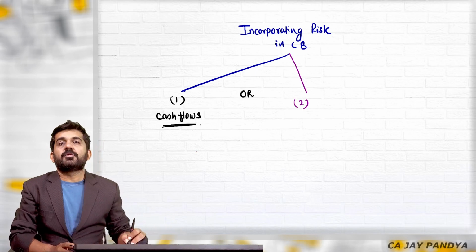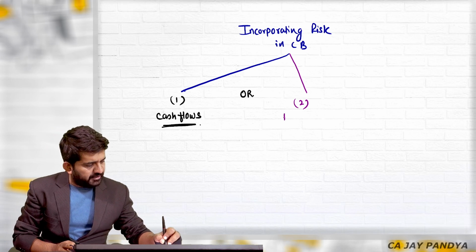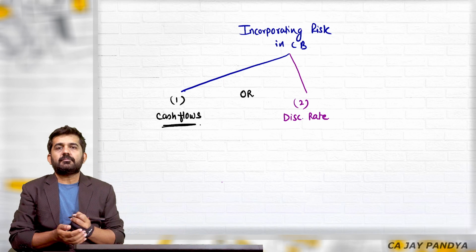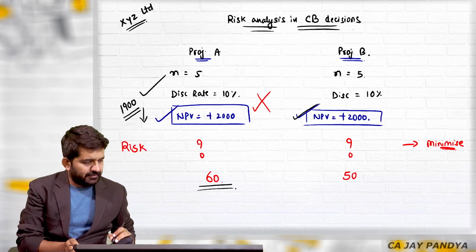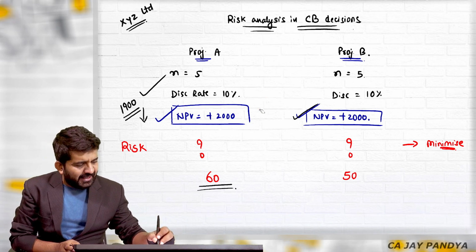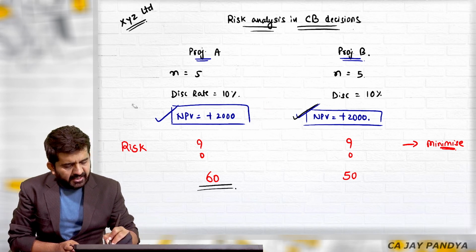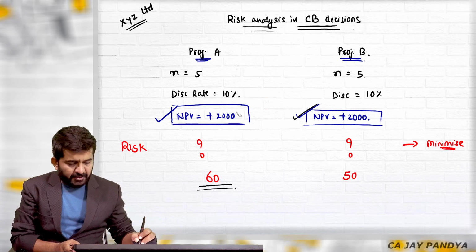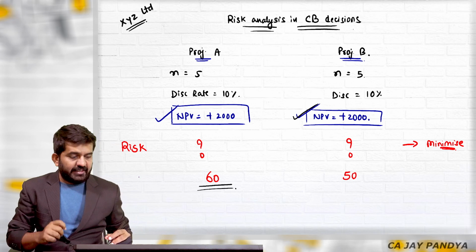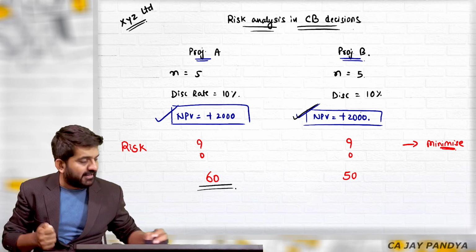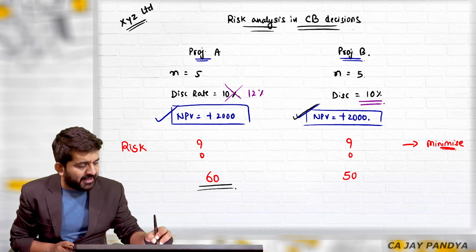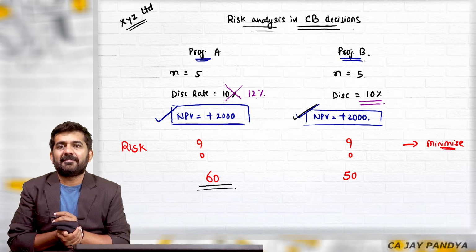Or number 2, we can incorporate risk in the discount rate. In this case, Project B is less risky, so Project B was discounted at 10%, and say Project A was discounted at 12%.